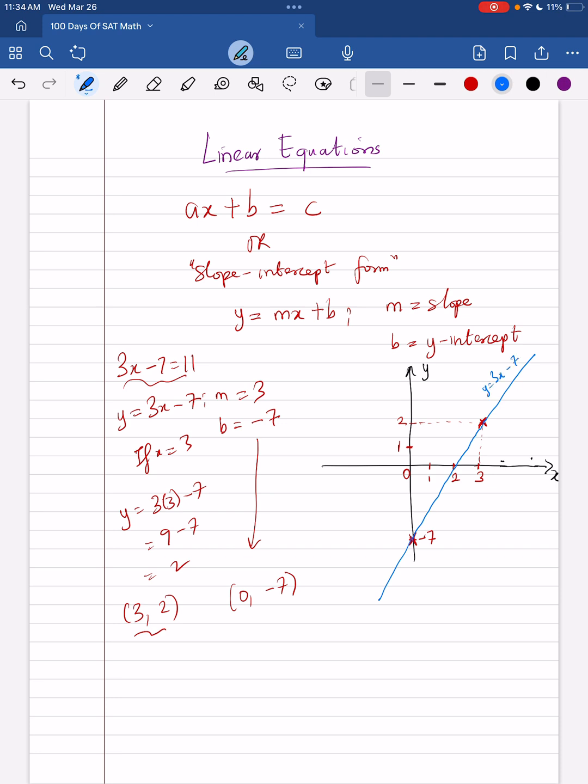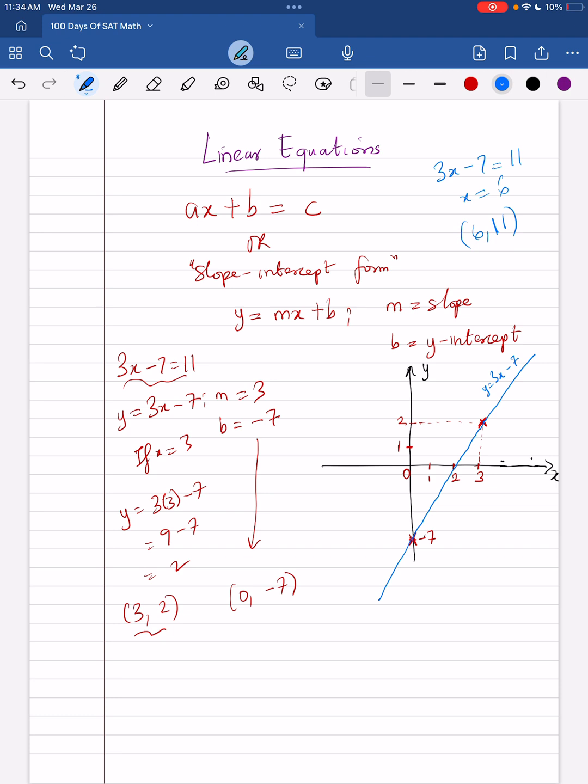Now, in day 2, we solved 3x minus 7 equals 11. And we got the answer as 6. So that means on the graph, it will be represented by x is 6, y is 11.